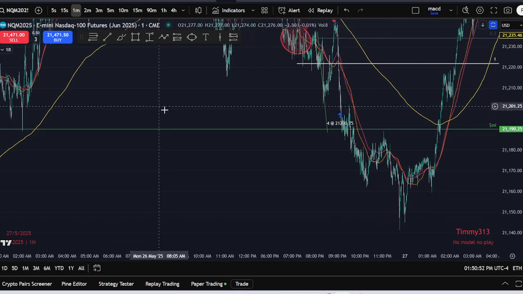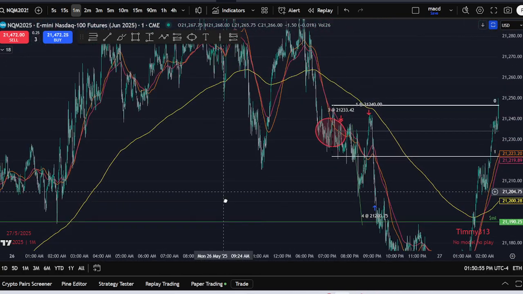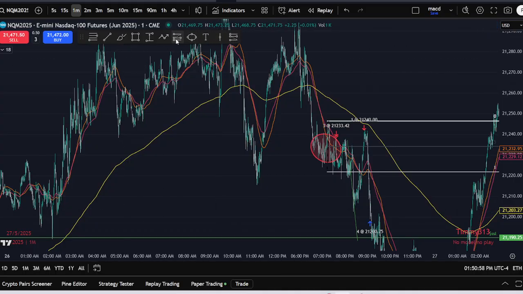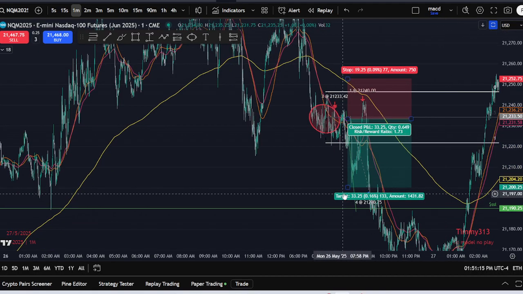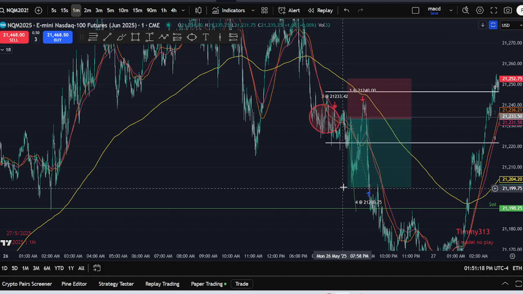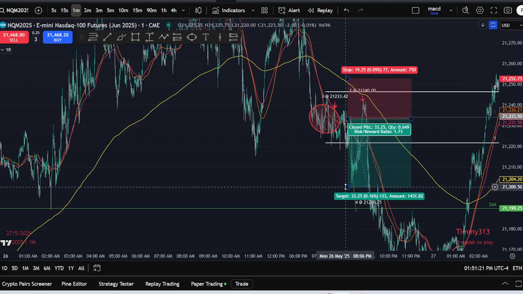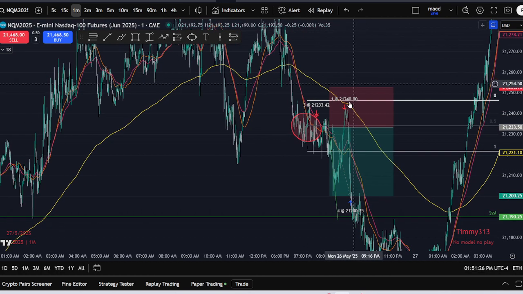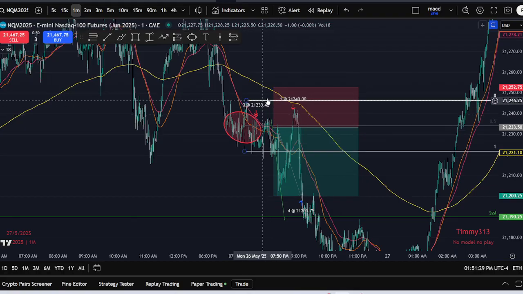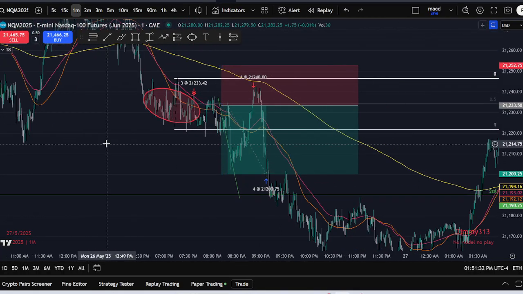It continued to go further, but we don't need the whole move. Looks like this one was almost a 2-to-1, but it played out beautiful.